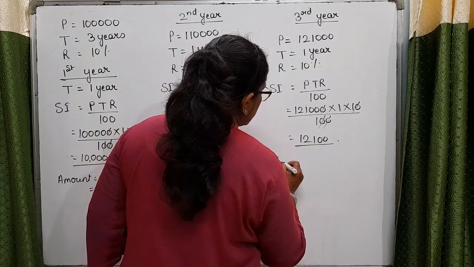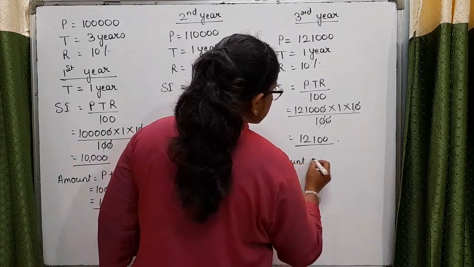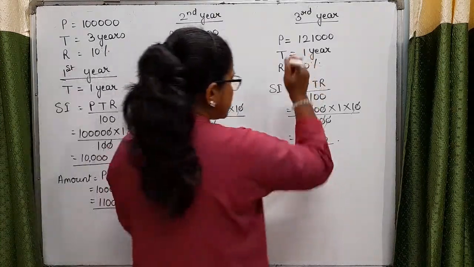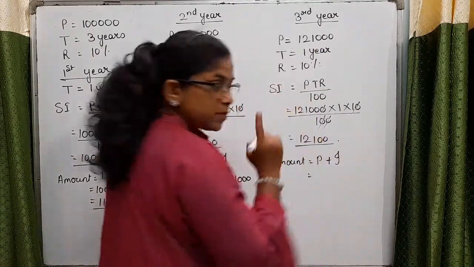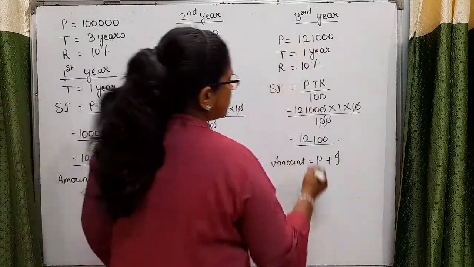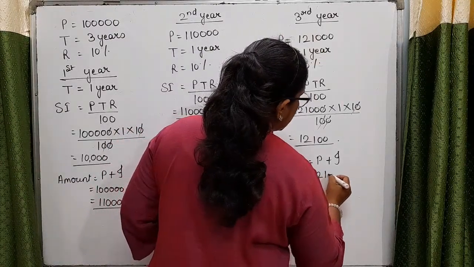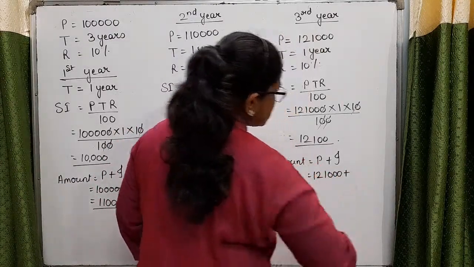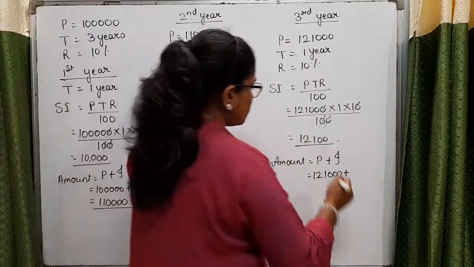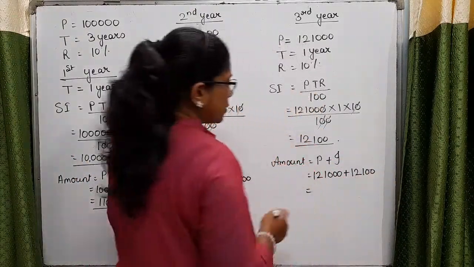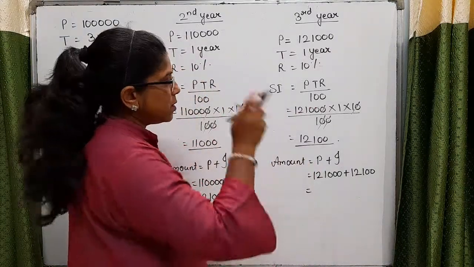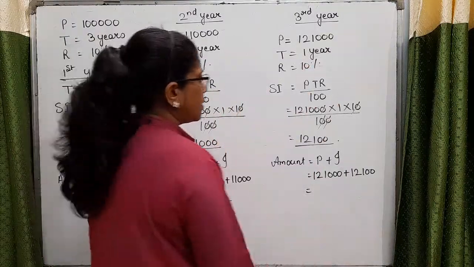Now what is the amount to be paid after 3 years? Here the amount is P plus I. Principal amount is 1,21,000, plus I is 12,100. Let's add this now. 1,21,000 plus 12,100.